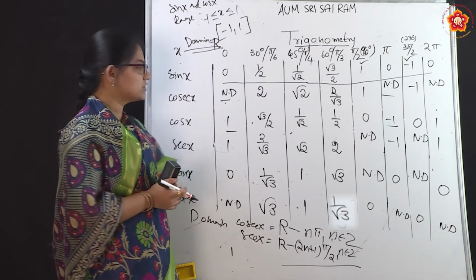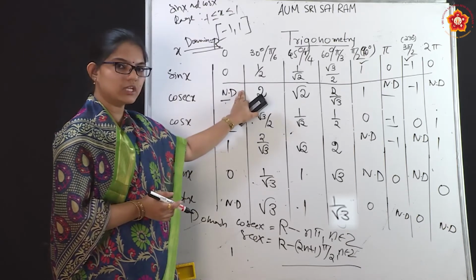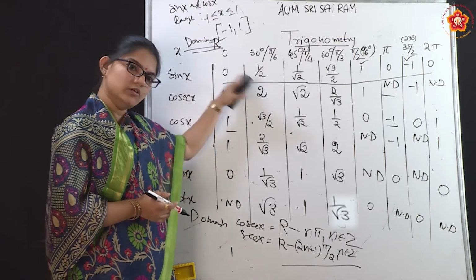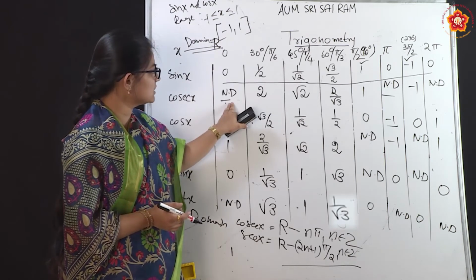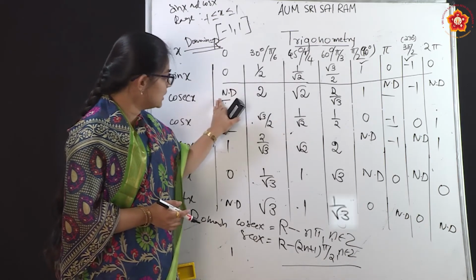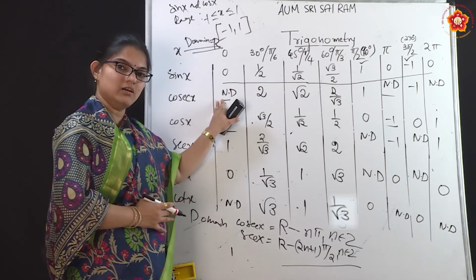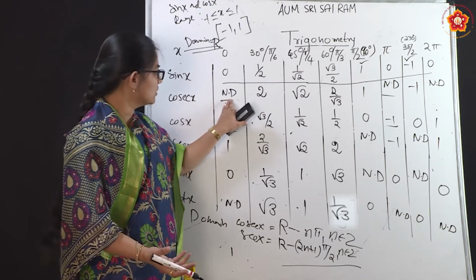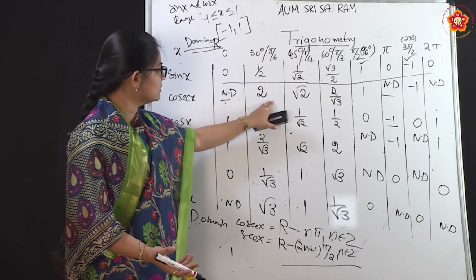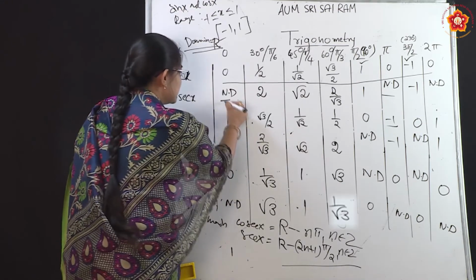So this not defined condition may be a very large number or a very small number. It will include all the real numbers, and real numbers are infinitely many; we cannot count them.